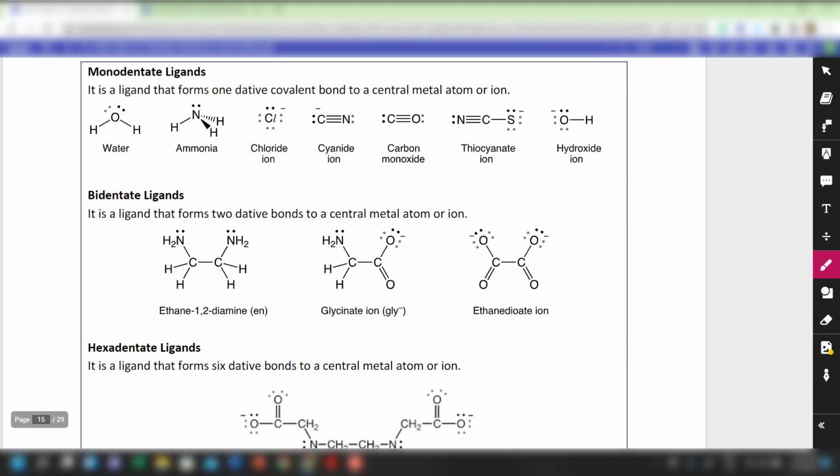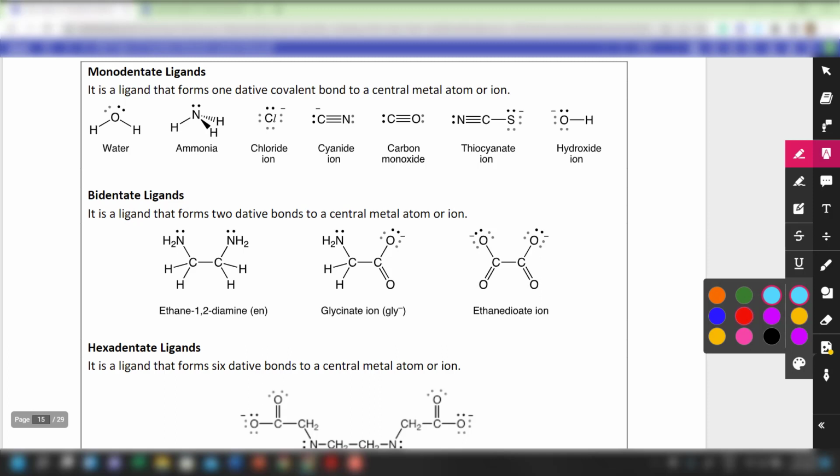Over here we have some examples of monodentate ligands. You are familiar with most of these ligands. Water, ammonia, chloride are not an issue. Cyanide, carbon monoxide, and thiocyanate ions tend to be much stronger ligands as compared to water, ammonia, chloride, as well as hydroxide.